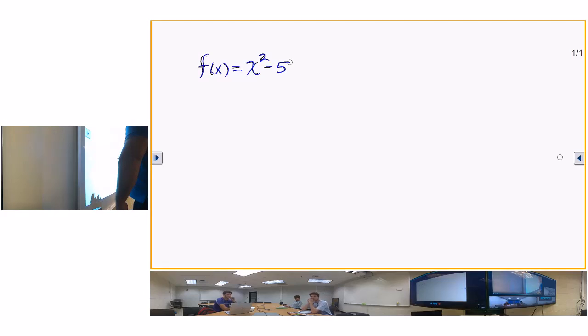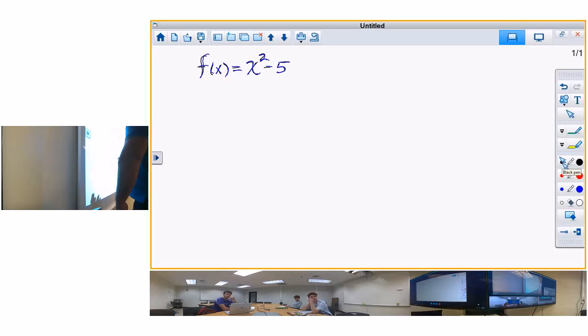And I'm going to use black to reference the parent graph, okay? I could use white, but then you wouldn't be able to see it. The 2 neutral colors are black and white. So, here's my parent graph.